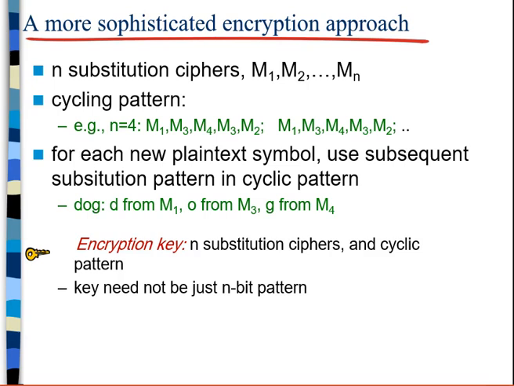To make this method more complex and sophisticated, we can use N substitution ciphers instead of a simple one. What does it mean? It means that instead of substituting only one letter by one letter, we can use several, or you can use a word to encrypt your text.